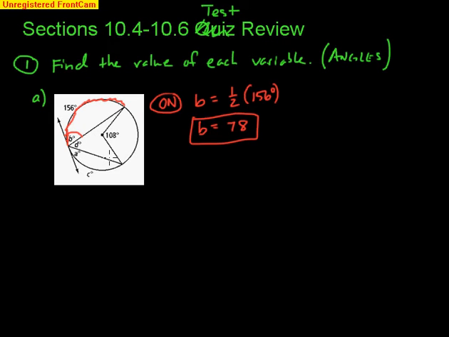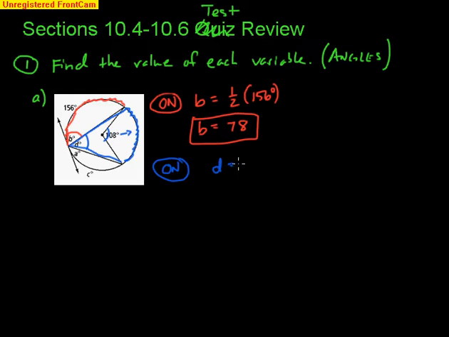Okay. D. Notice D opens up to this arc right here. Now, according to the picture, we don't have the measure, but we do, because guess what this angle is right here? That's the central angle. The measure of the central angle is equal to the measure of the arc. So that arc is 108. So to find D, let's see, D is on the circle as well.